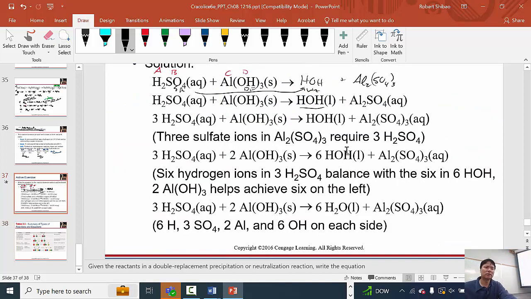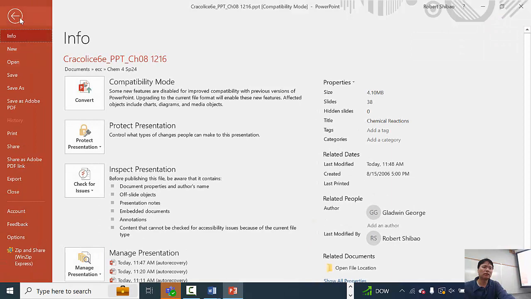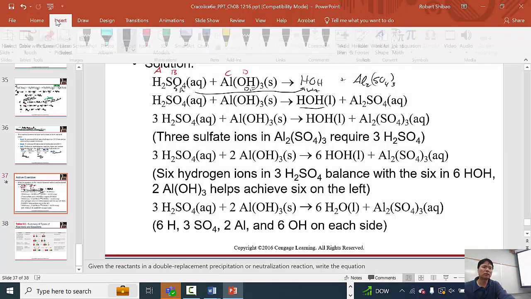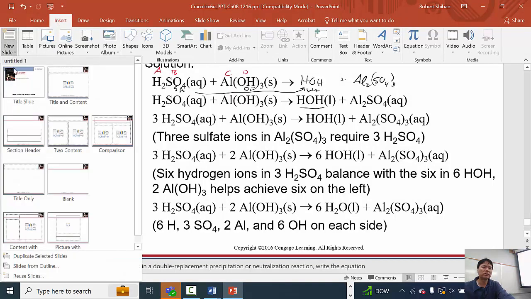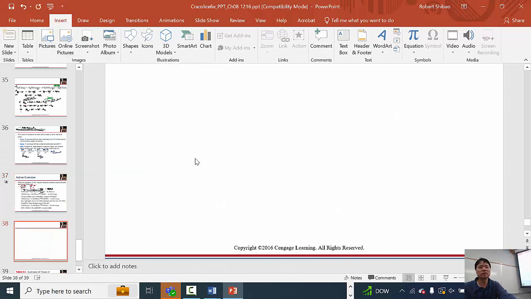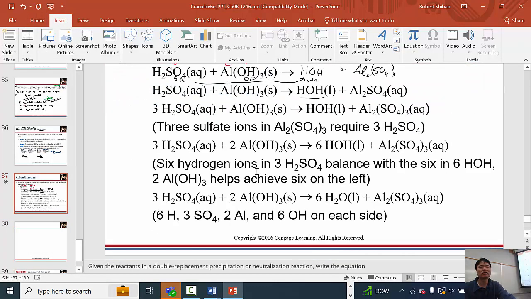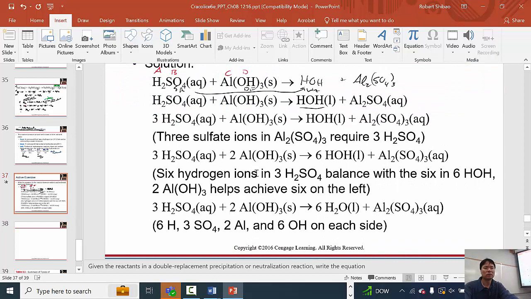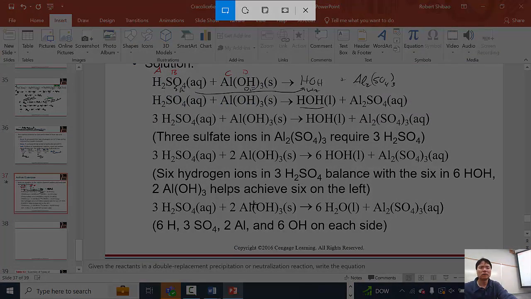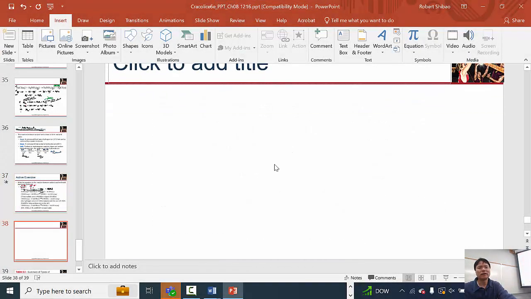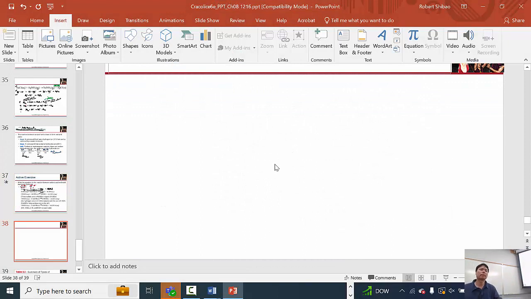Now let's do some additional analysis of this particular reaction. I'll just write it here. All right, so we had sulfuric acid. What was the formula for sulfuric acid?